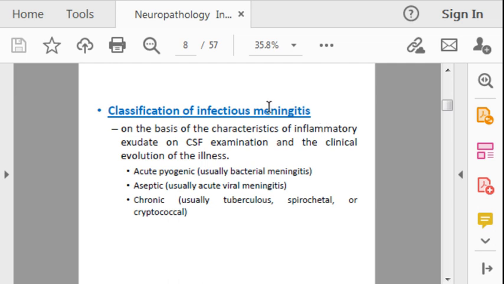Classifying infectious meningitis on the basis of the characteristics of the inflammatory exudate on CSF examination and the clinical evolution of the illness, we can classify infectious meningitis into acute pyogenic, usually bacterial meningitis, aseptic meningitis, usually acute viral meningitis, and the chronic, which is usually tuberculous, spirochetal, or cryptococcal.